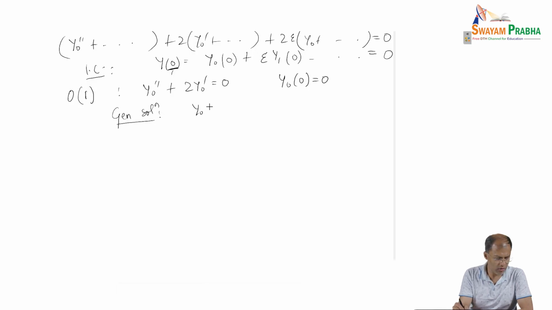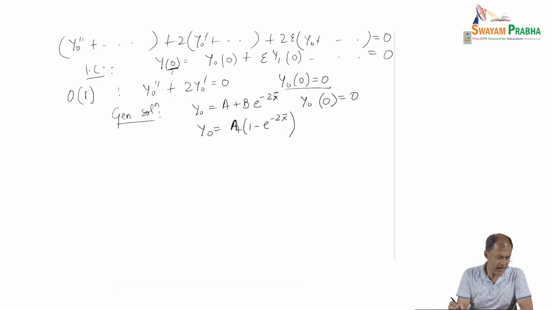So my general solution is y naught equal to a plus b e to the power minus 2x bar. With y0 of 0 equal to 0 as my initial condition, I get that y0 is a times 1 minus e to the power minus 2x bar.